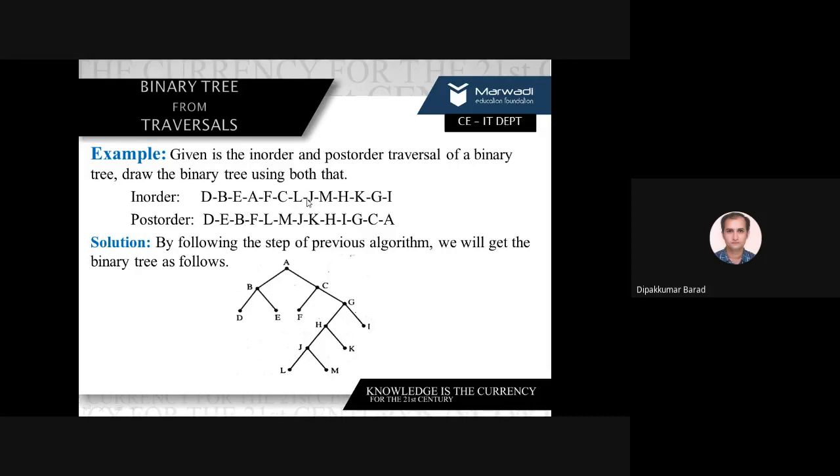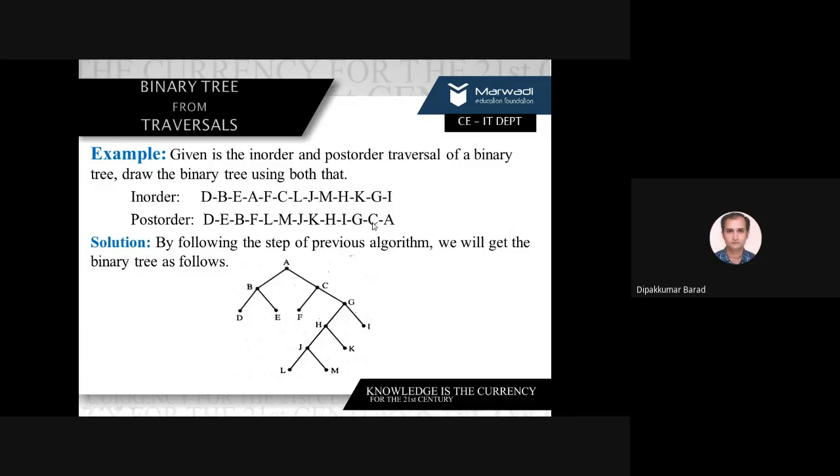Now again from that you want to find the left child and right child. So you have to find first the right child of C. Like you have L, J, M, H, K, G, I, but now from that you want to find the right child. So you can see that as the third last element here we have G. Here is first the A which represents the root.